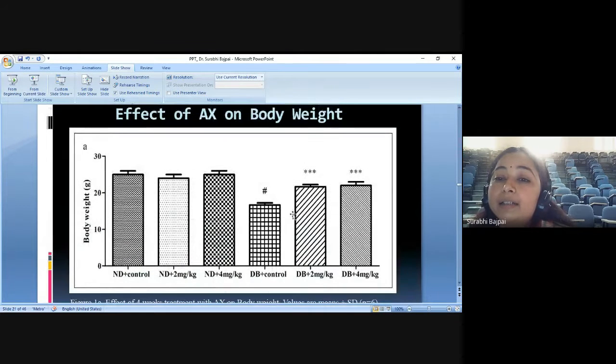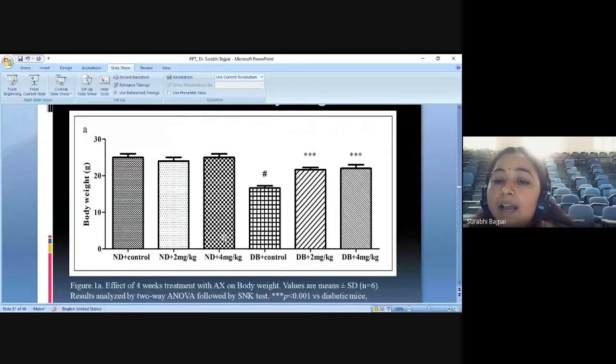As we can see, our first target was to find out a very big thing, that is body weight. Was there a change in the body weight? Yes, there was a change, and the diabetic control had a lesser body weight as compared to the normal ones. When we administered the astaxanthin, there was a significant improvement in the body weight.